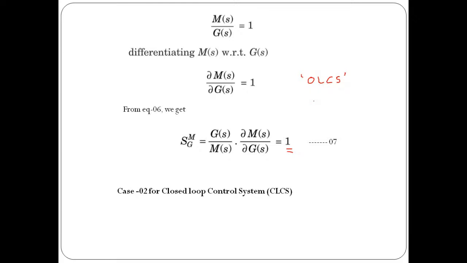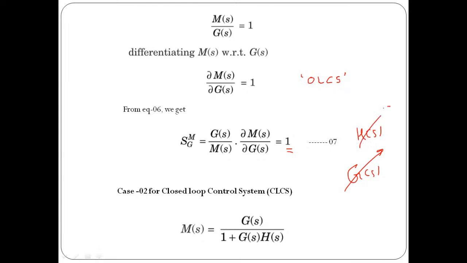Now if you take a closed loop control system, again we have two possible conditions. We may vary the forward path gain, or we may vary the feedback path gain, because in a closed loop we have two paths, so we have two variation aspects.